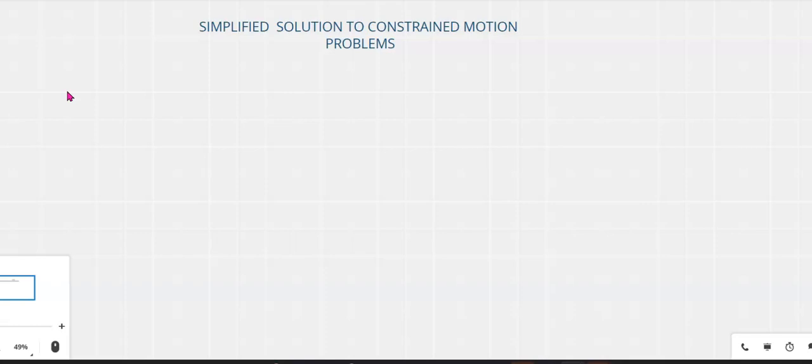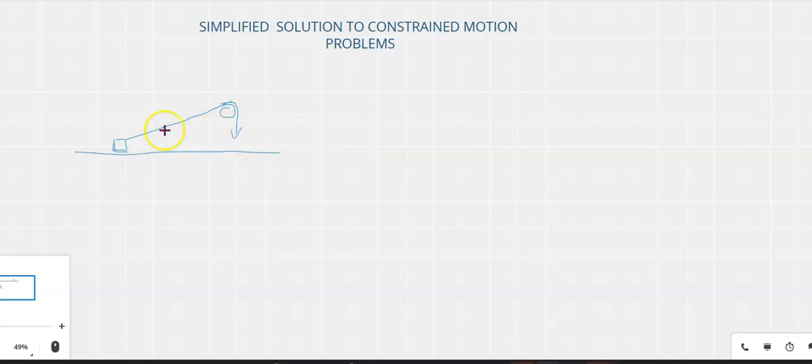So the first problem that I take is the problem where you have a surface and you have a box or a bead, whatever it is, and you're pulling it over a pulley like this.